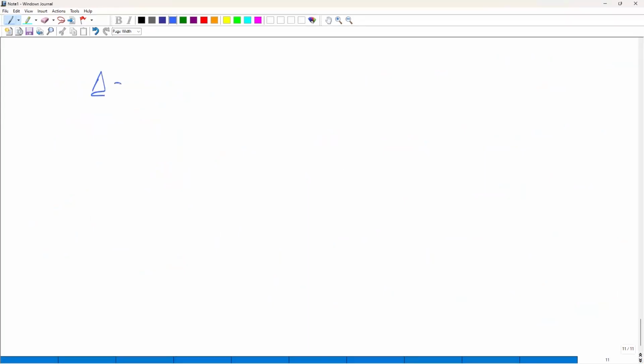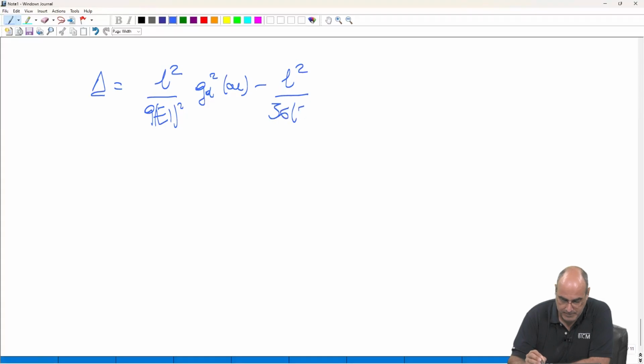Well, that determinant is L square over 9 EJ to the square, G direct square, of L minus L square over 36 EJ square, G indirect square.